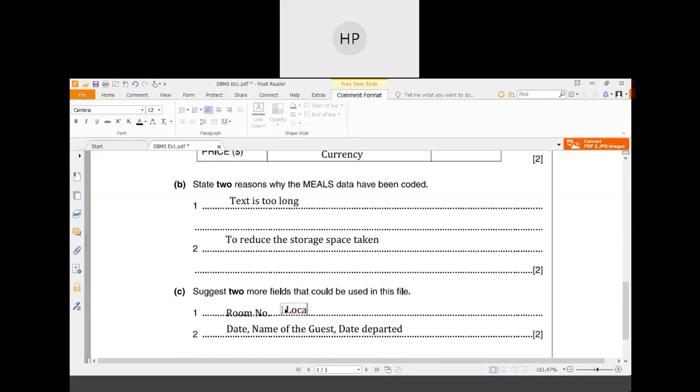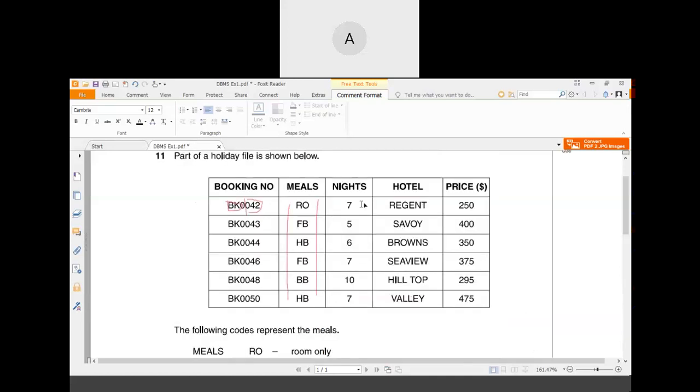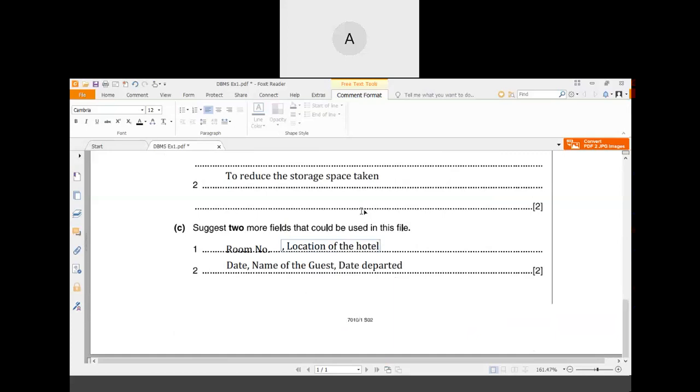Okay, you can use that. The number of days the customer is staying. It's already there, it's nights. Nights in the sense you can convert it into days, right? So these are some of the extra fields you can include in this particular database segment.